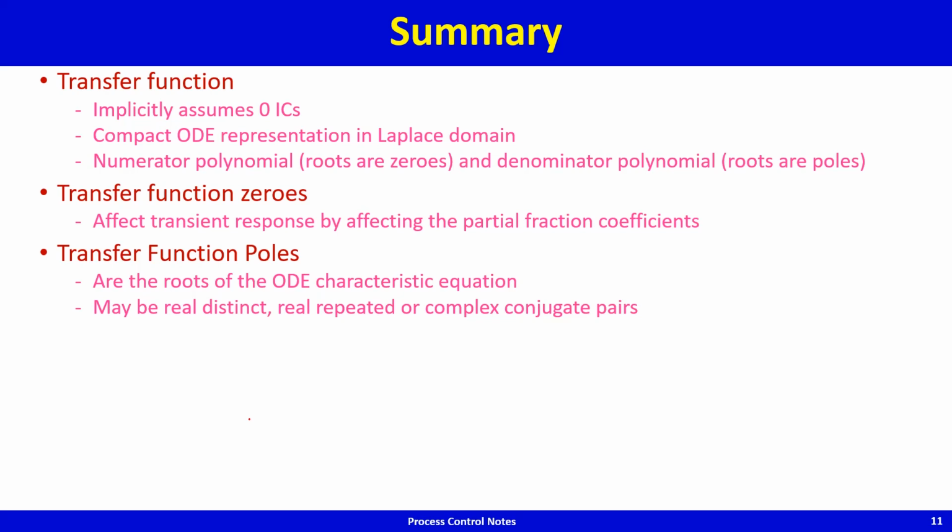The roots or the poles of a transfer function may be real, may be complex conjugate pairs. When real, the roots may be distinct or repeated. The roots occur in complex conjugate pairs because the coefficients of the numerator or denominator polynomials are real numbers, and therefore they must occur in complex conjugate pairs.